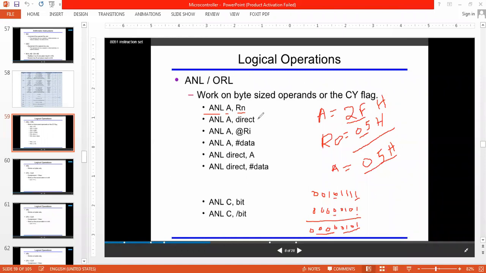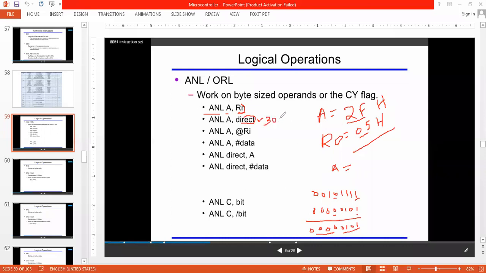In the second syntax, instead of a register, I can give a direct memory address. For example, ANL A comma 30H. There should not be a hash for the address.